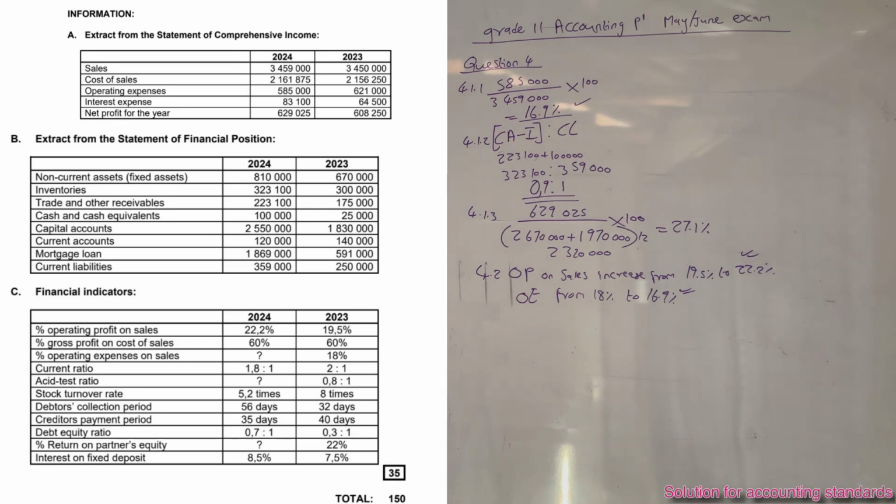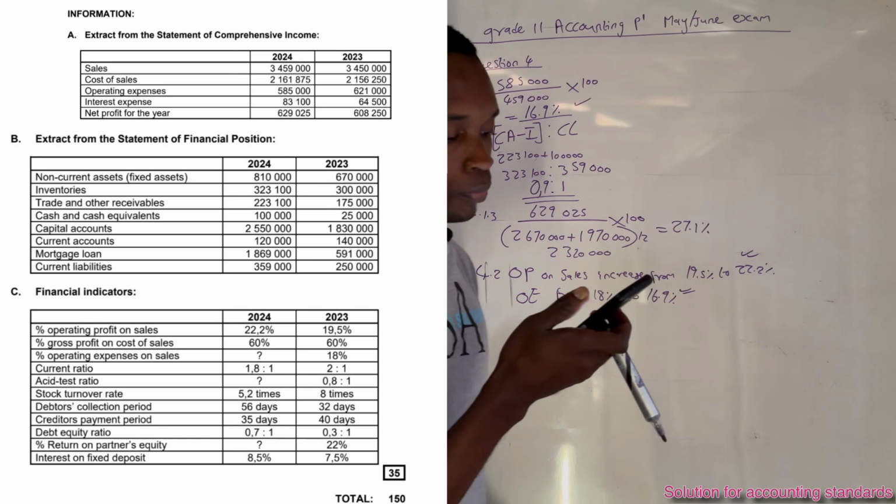Okay. 4.3, the partners decided to increase their business activity in 2024 and agreed to take up a loan. Explain how their decision affected the financial risk of the business and quote one financial indicator. How was the business affected by taking up a loan?